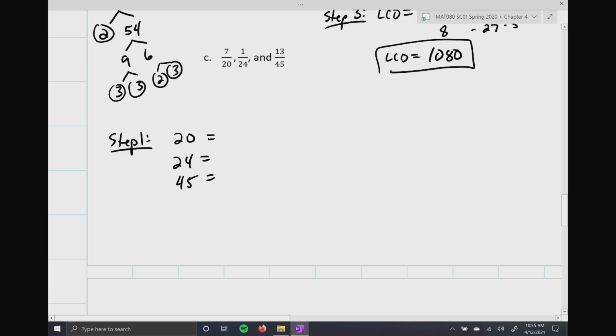All right. So 20 is 2 times 2 times 5. 24, I'm going to have to write that one out, so I'll do it off to the right. 24 is 2 times 12. 12 is 2 times 6, and then 6 is 2 times 3.